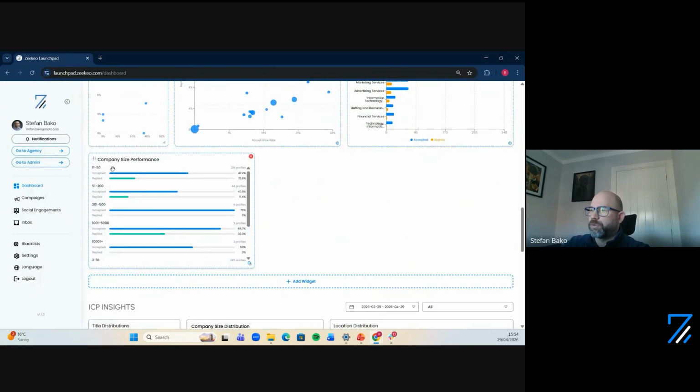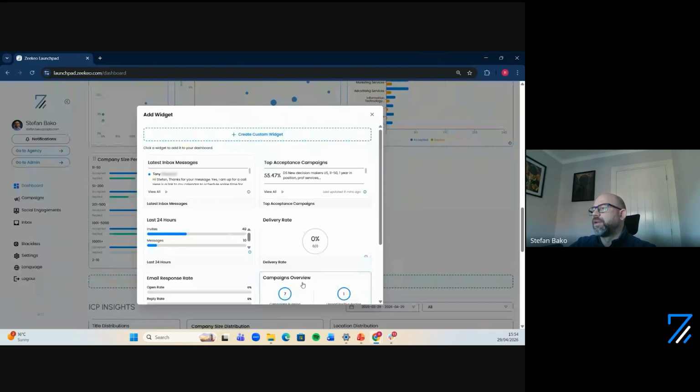I know for sure I'm focused mostly on 11 to 50. This is why I have the higher acceptance and reply rates there. But again, if you go wide for the first few campaigns, you can compare and make some data-driven decisions there.